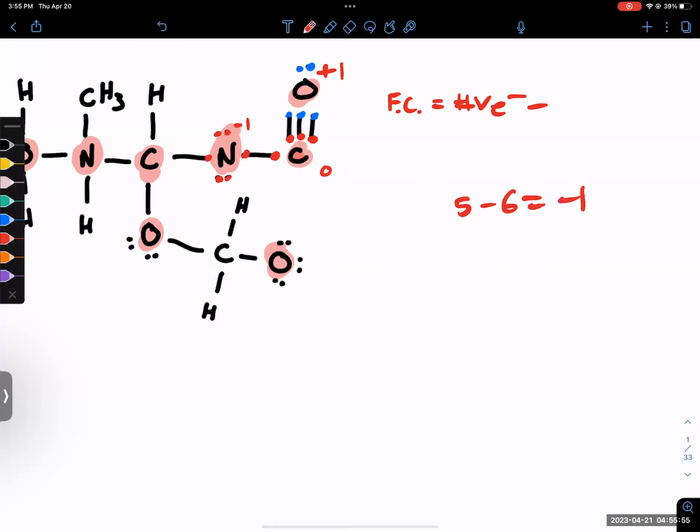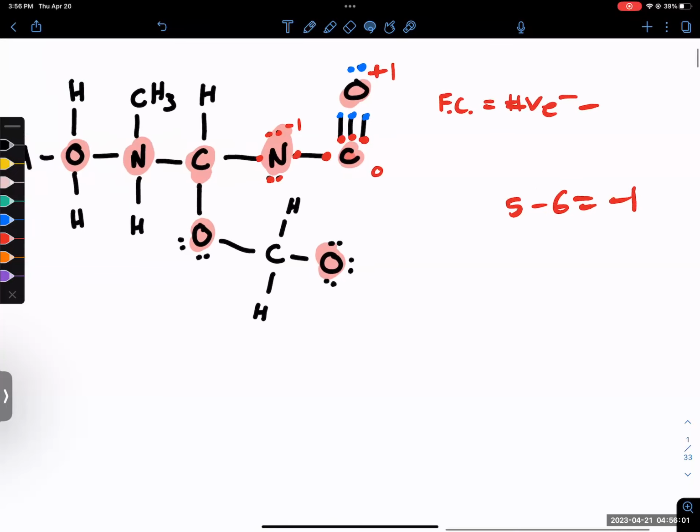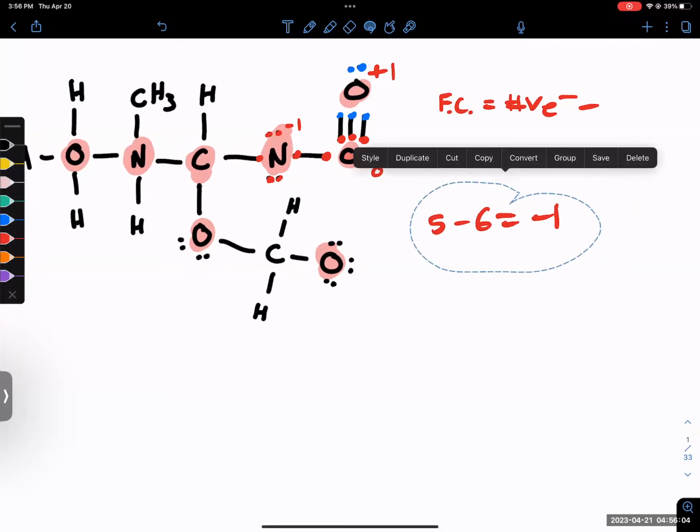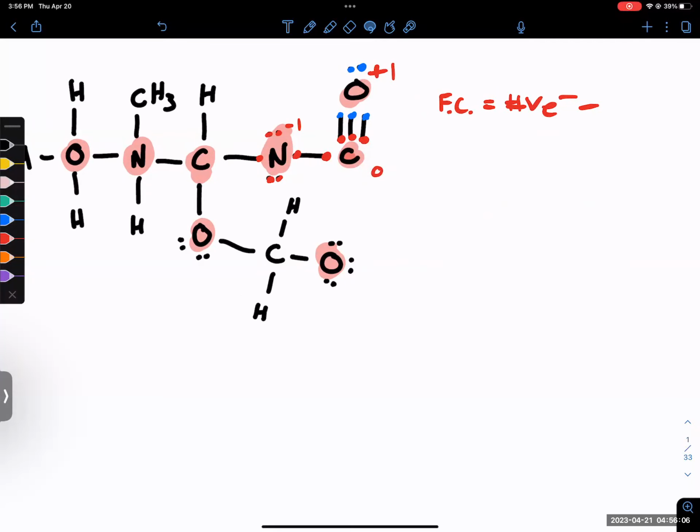So -1. I can agree with -1 as your formal charge. Moving on, we already did one kind of like this. We know every time carbon has 4 bonds, it has a formal charge of 0. So what about the oxygen right here?